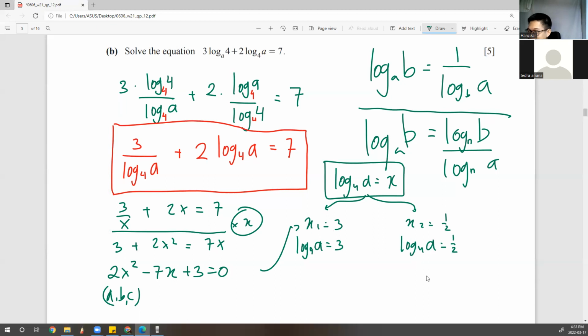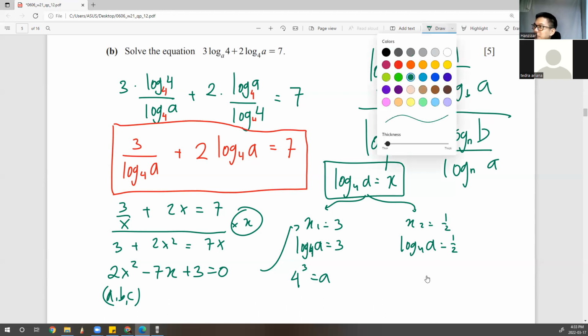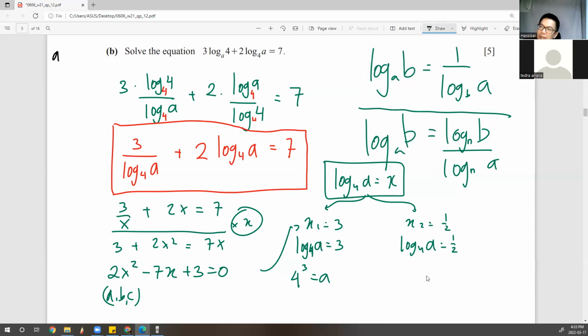So how do you do this? 4 power 3 equals a, right? Remember the rule: if a power b equals c, the logarithm value will be b, log_a of c. This is the conversion of the indices rule to the logarithmic rule.